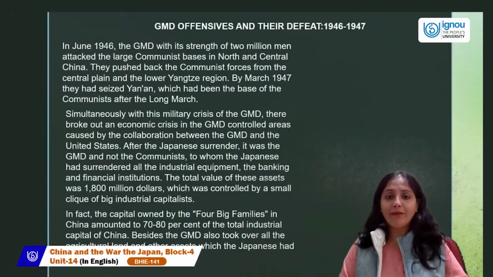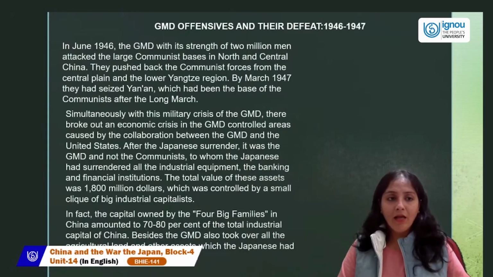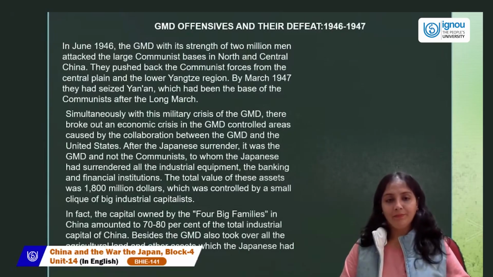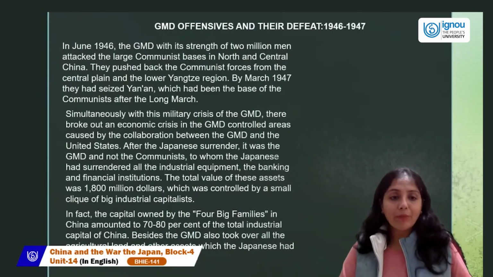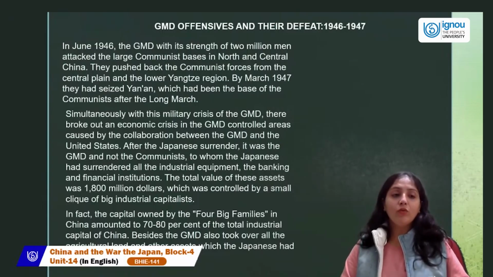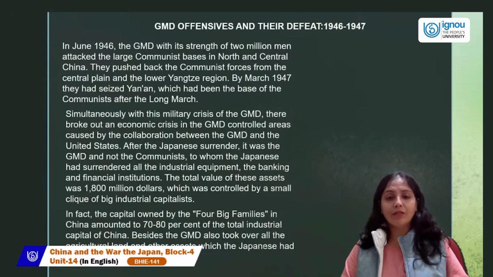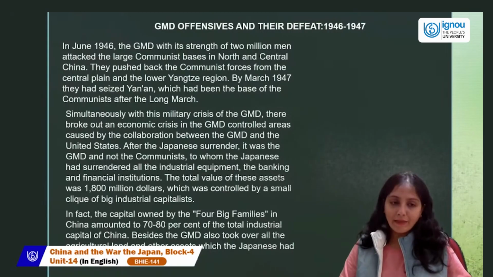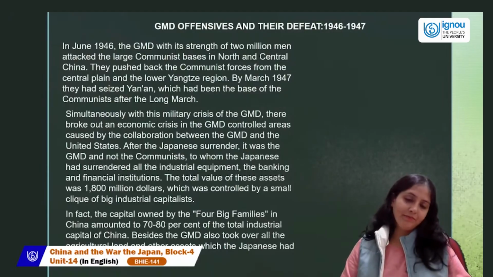Simultaneously with this military crisis of the Kuomintang, there broke out an economic crisis in the Kuomintang controlled areas caused by the collaboration between the Kuomintang and the United States. After the Japanese surrender, it was the Kuomintang and not the communists to whom the Japanese had surrendered all the industrial equipment, banking, and financial institutions.